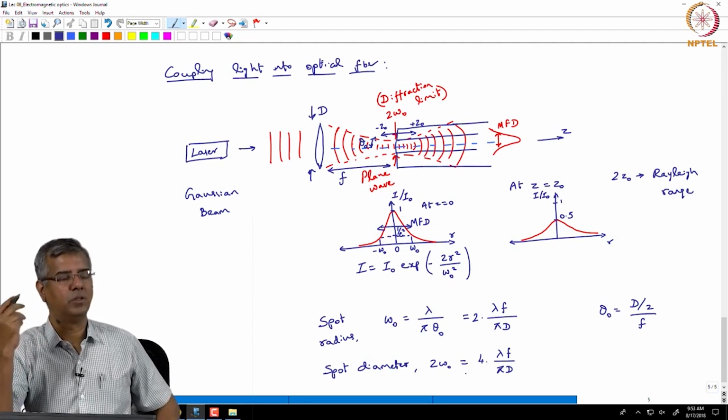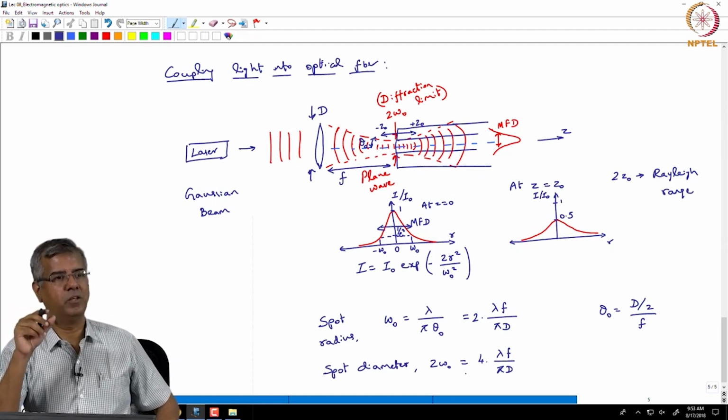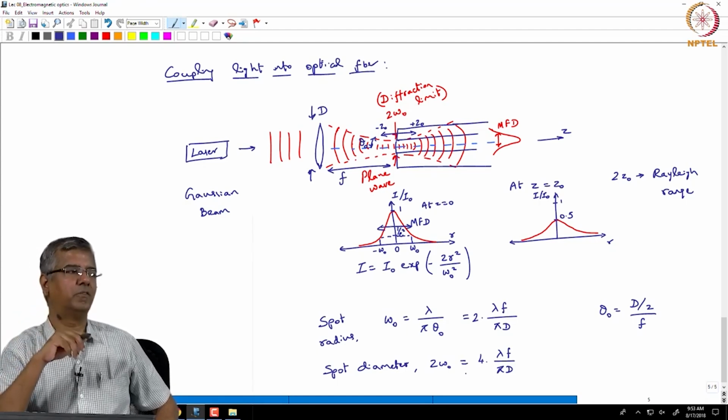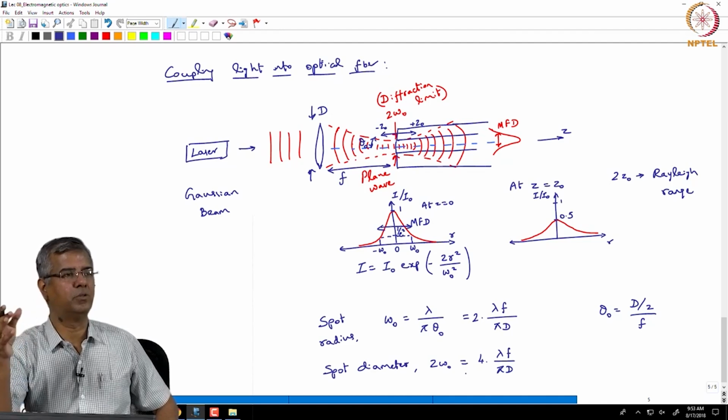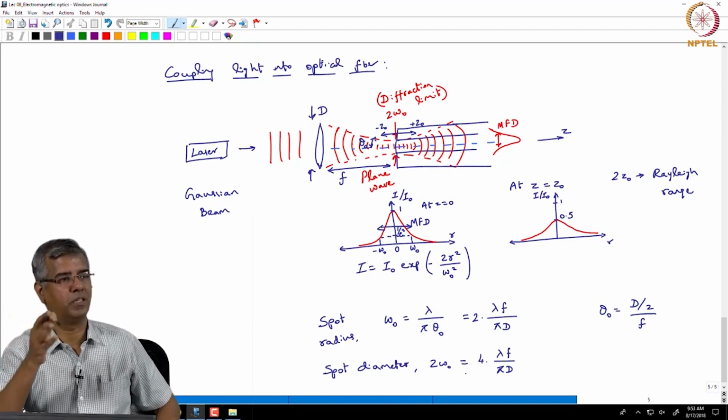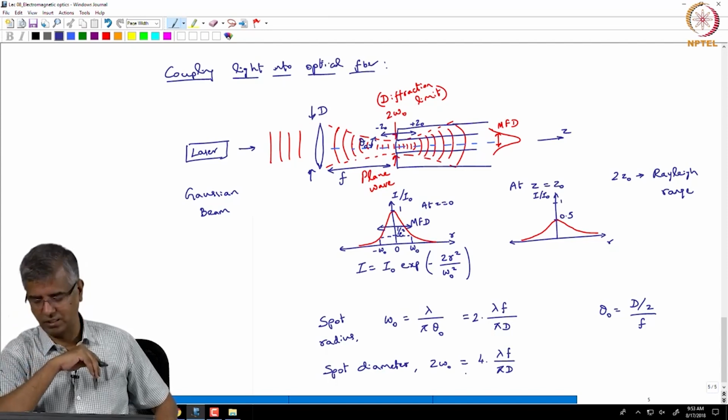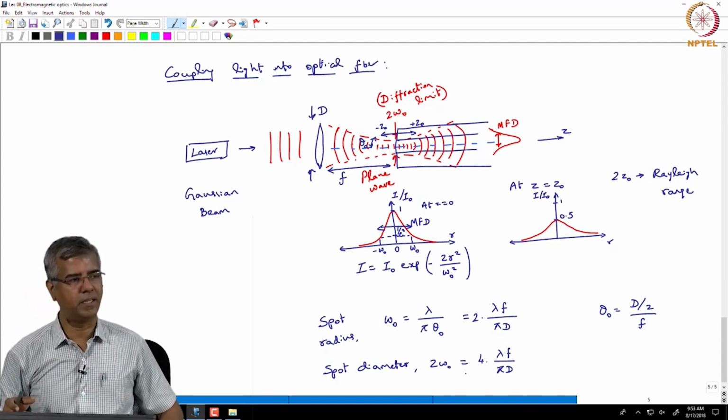If you want better and better resolution in your lithography, you want to go to shorter and shorter wavelength. So in the semiconductor industry, they were using blue light, then ultraviolet radiation. Now they are talking about X-rays for lithography so that you can get finer and finer features. And that's related to this.